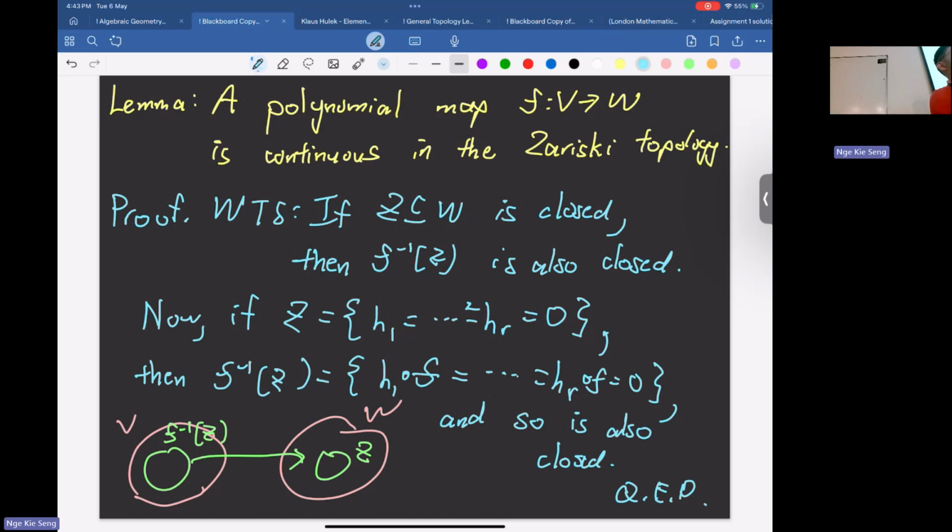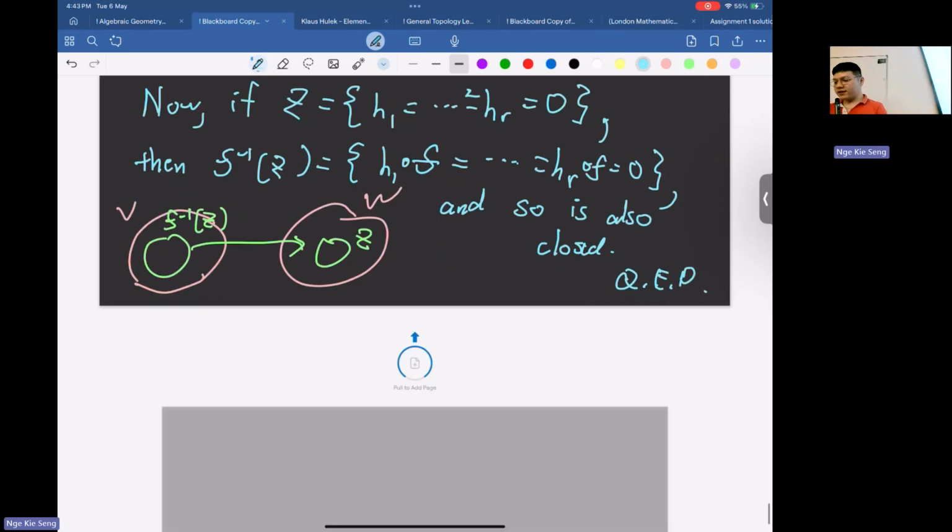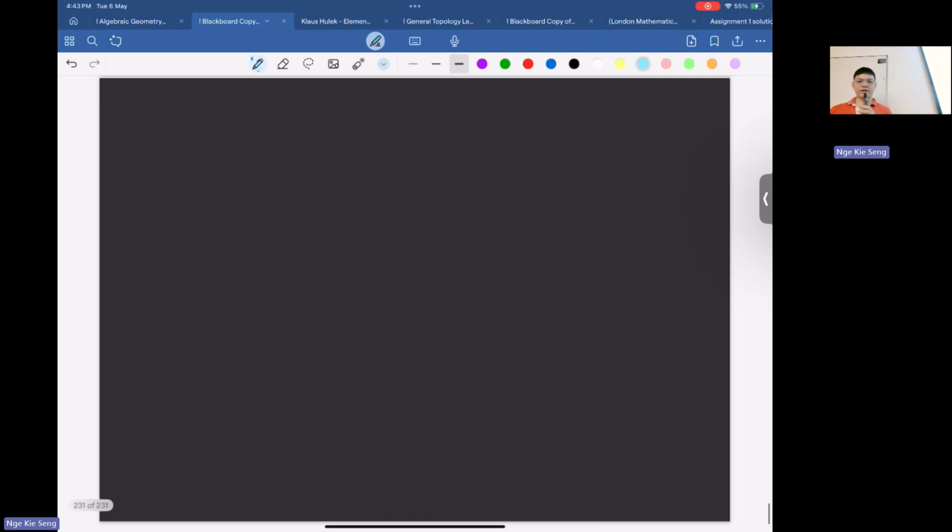Whenever they say trivial or obvious, there must be something very basic you missed. So you need to go back and read the definition again, or read some examples again. Then the argument will follow. Trivial, obvious doesn't mean you don't need to do anything, but the thing that you need to do is quite obvious.